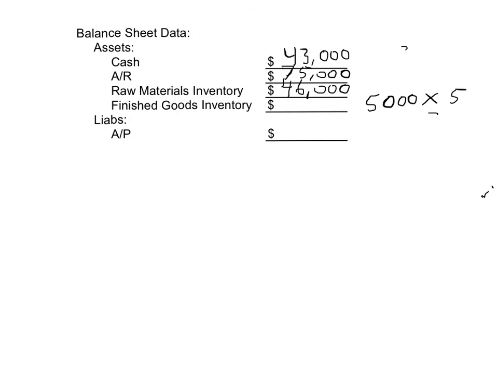Times my cost of goods sold of $5, what I already calculated, equals 25,000. And then my accounts payable, I got that from my cash payments, and that number is 28,400. So this is just a partial balance sheet, but it gives you an idea of what a full balance sheet would look like and how to even create one.